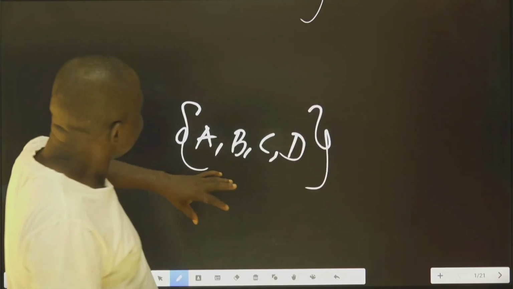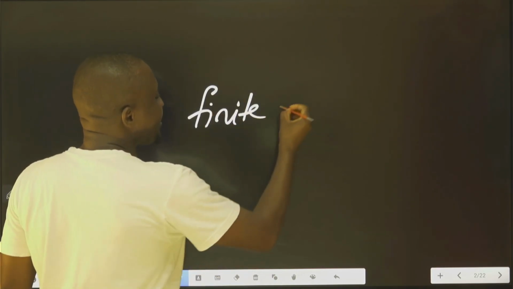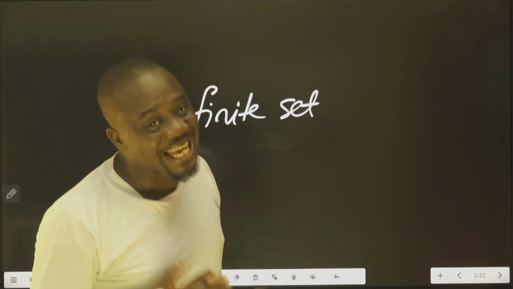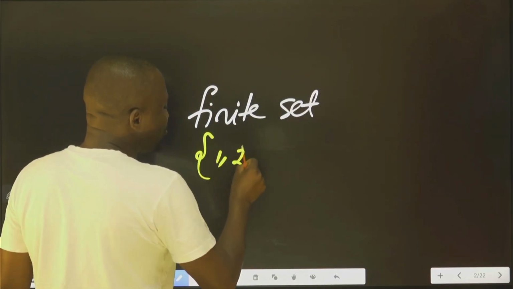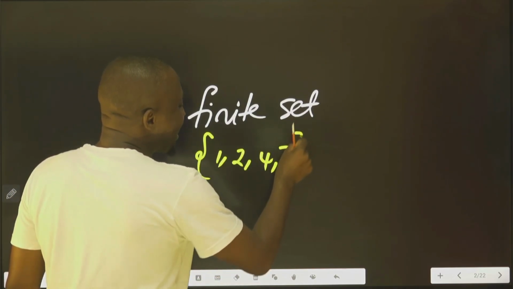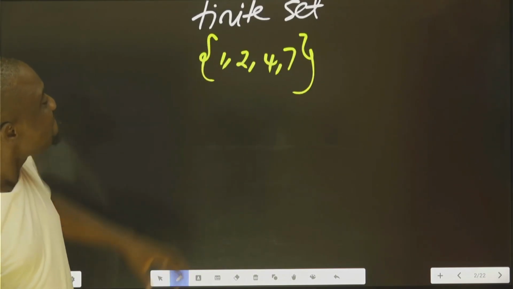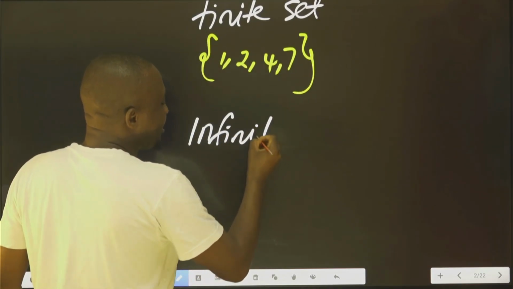Now, let's look at types of sets. We have the finite set. When we say finite, it means it has a beginning and it has an end. For instance, if I do this, 1, 2, 4, 7, as you can see, there is a beginning and there is what? An end. We also have the infinite set.